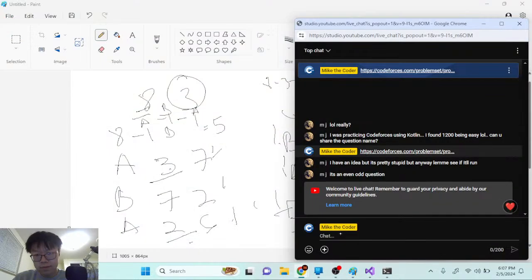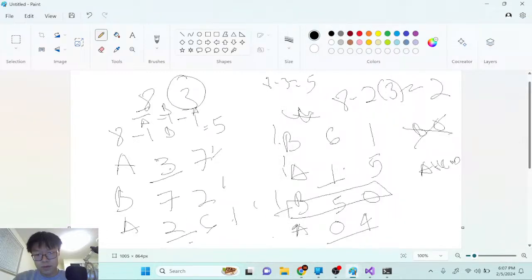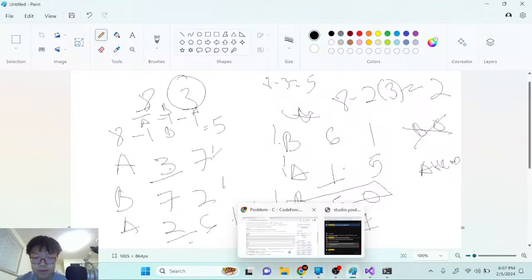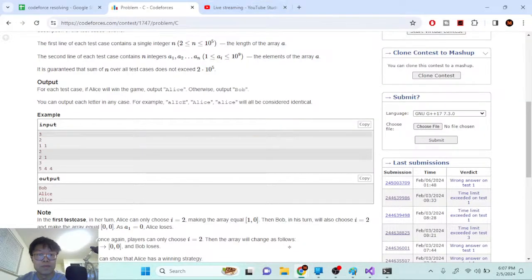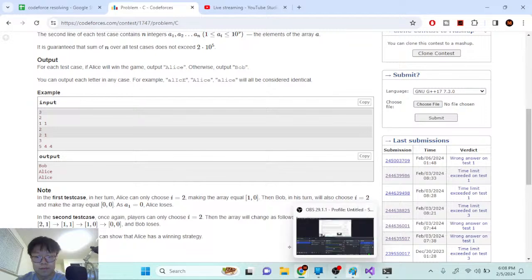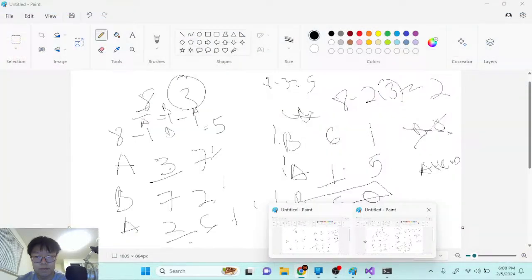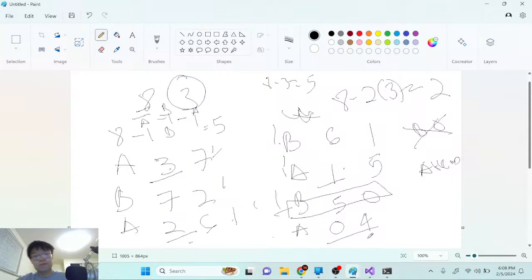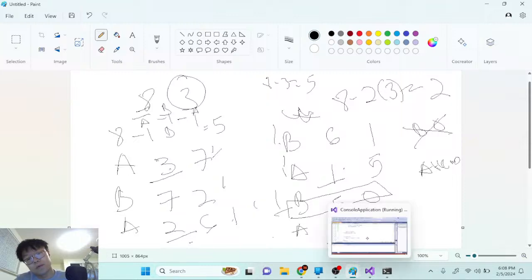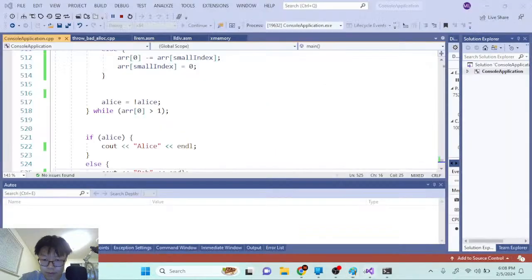Problem is hard. So if Alice minuses... okay, if Alice reaches 0... Okay, we found a bug in our code again.